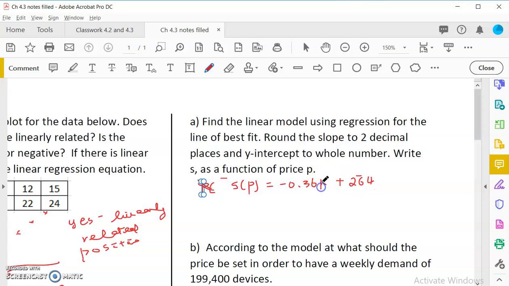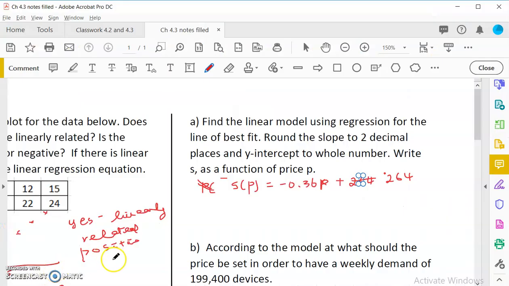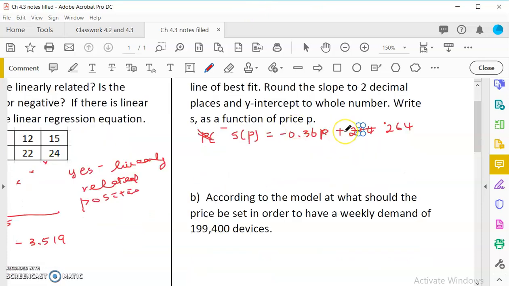Oh, this is not x, it's the price. So 264 rounded to a whole number, negative 0.36. If I plug in price, it would tell me what the demand would be according to the model.